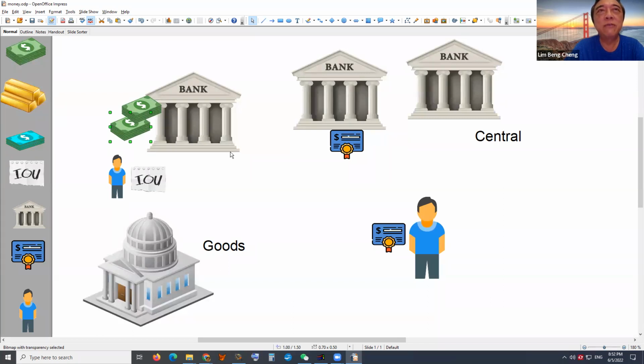So when he gives out a loan, say this person wants to take a loan. He gives the bank an I owe you, and the bank gives him a loan. So he has the money, then he spends.